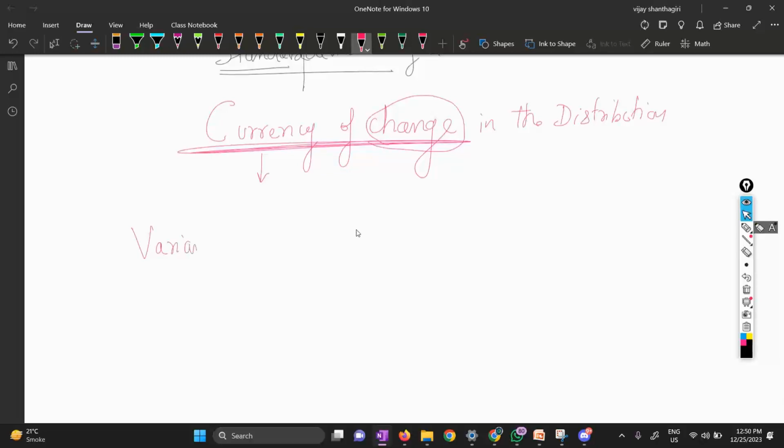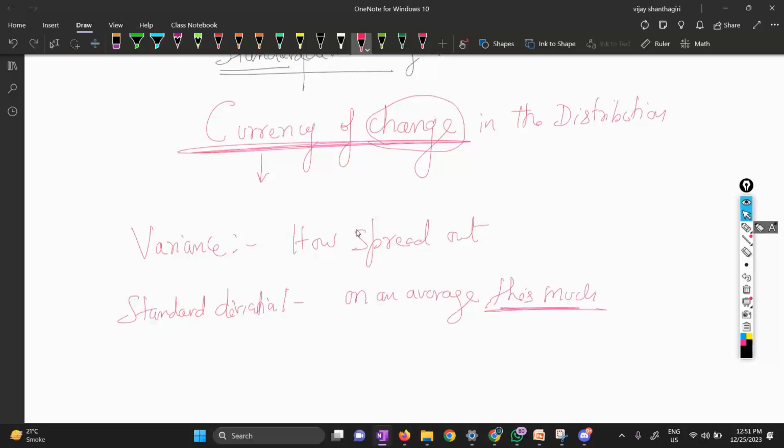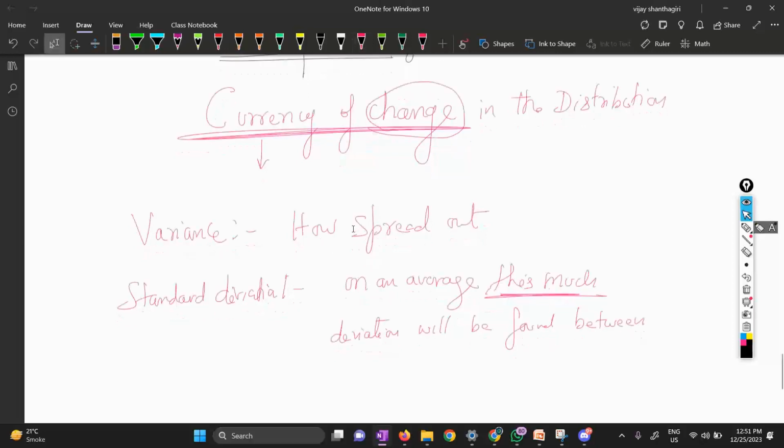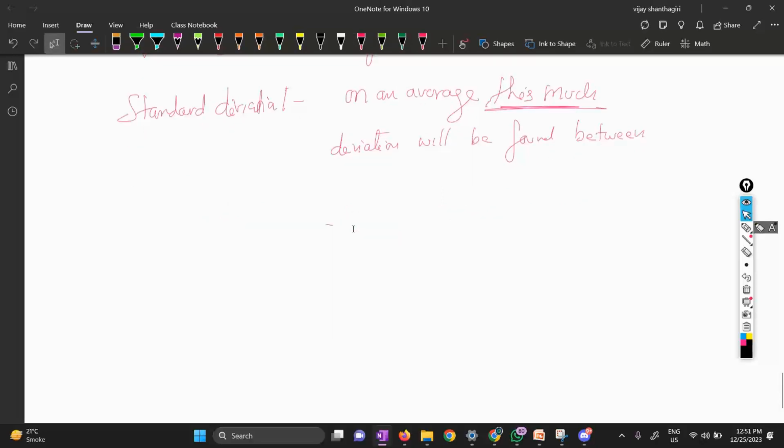Variance and standard deviation say that, on an average, this much deviation will be found between dash and dash.